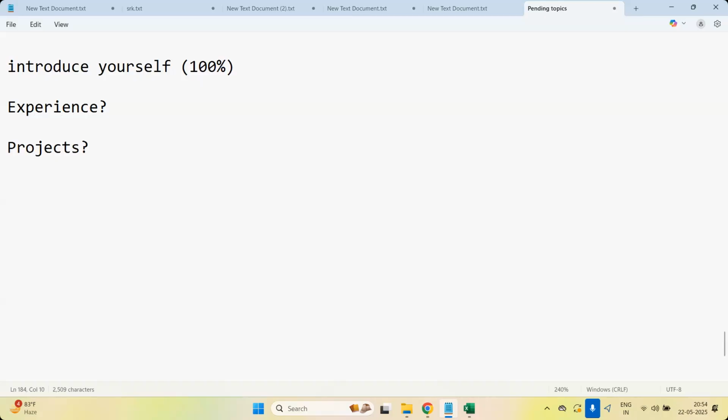Without projects there is not even a third question. If you say, no sir, I have not completed the project, I am still doing it, then there is no third question for you. Get out is the answer. Experience or project is the second question. Both are basically the same.